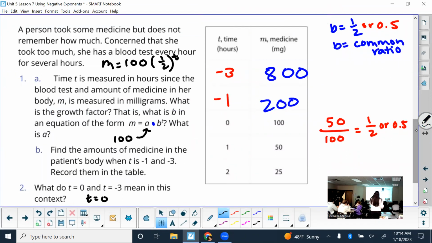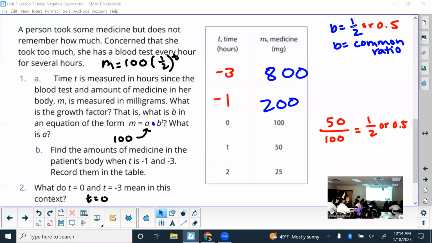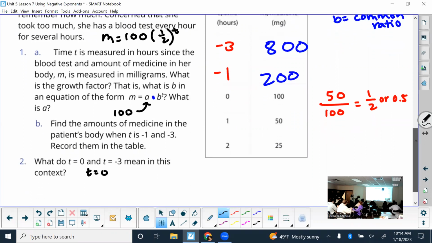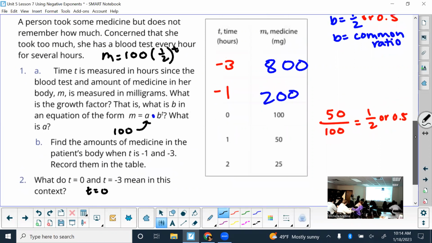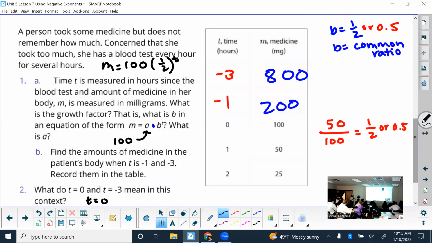Talk briefly at your tables about what it would mean when t is 0 and when t is -3 in context of this situation. What does it mean when t is 0? What happened at 0 hours?